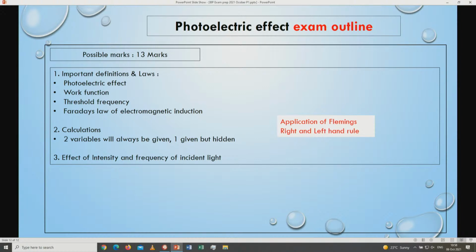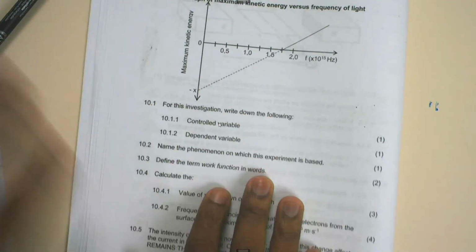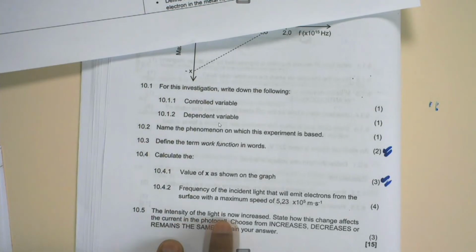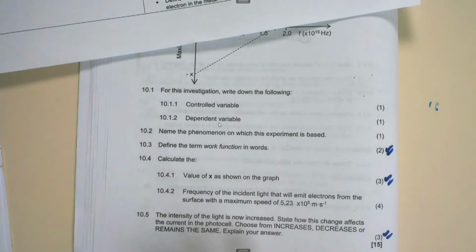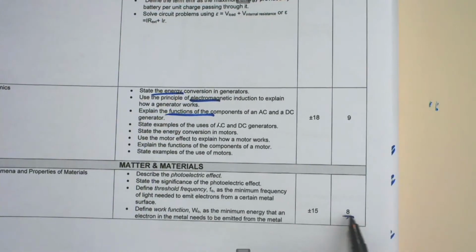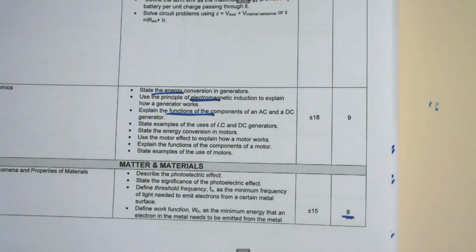Two variables will be given, one will be hidden, and also explain the intensity and frequency of incident light. But lately they are asking it in terms of graphs. They are asking, if the intensity is increased, how is it going to influence the current? I should be able to do so. This is the 8 marks that each and every one of us should be able to get.